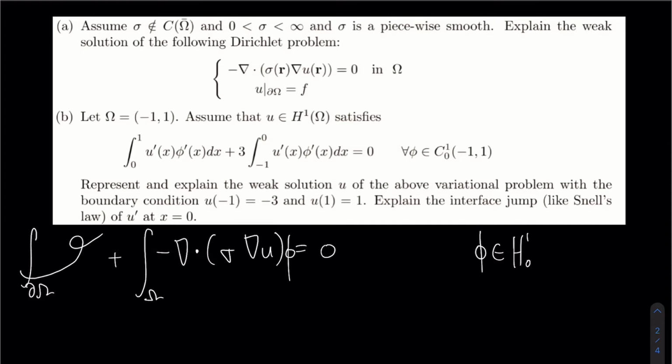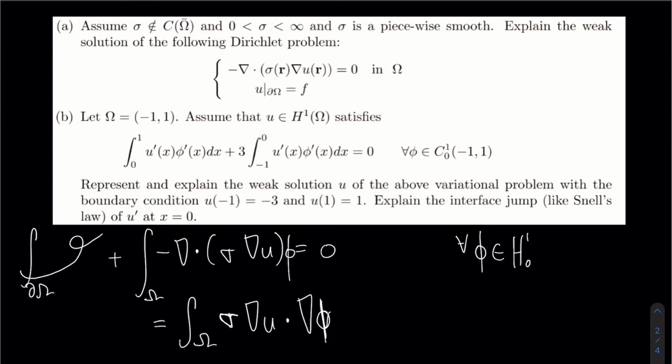All of this is going to be equal to the integral of sigma, gradient of u, gradient of phi. Sorry for writing v, it should be phi. This has to be true for all phi inside our Hilbert space.